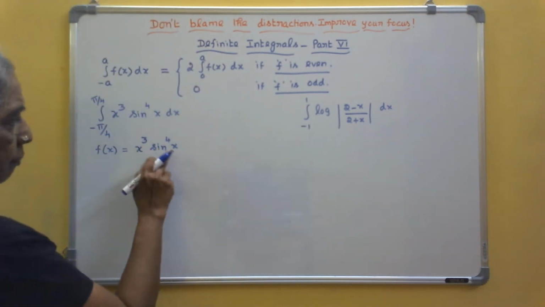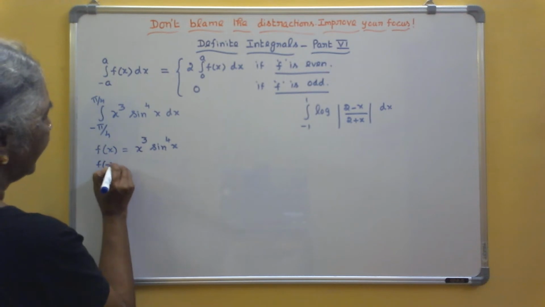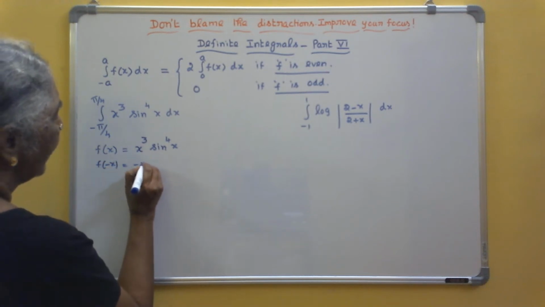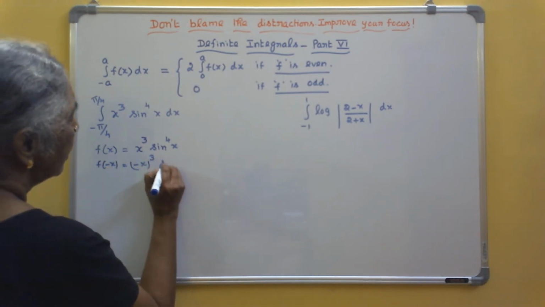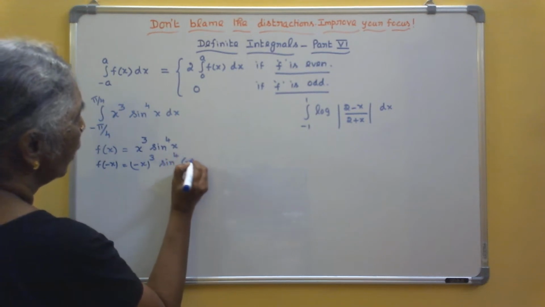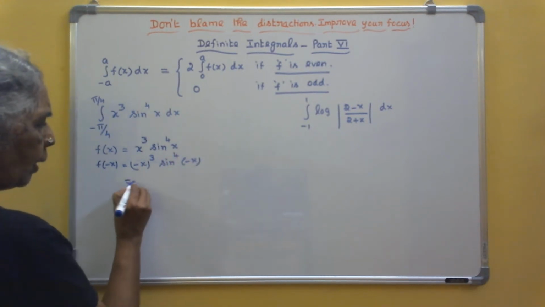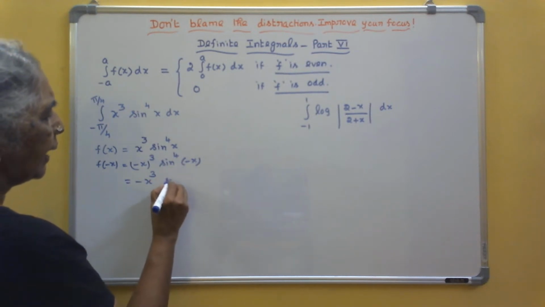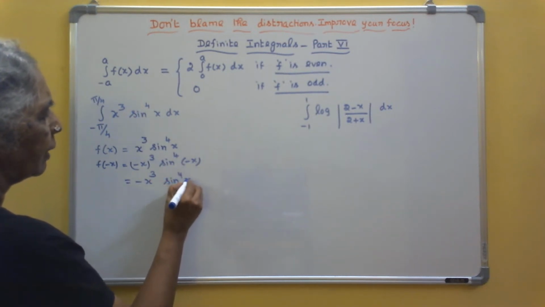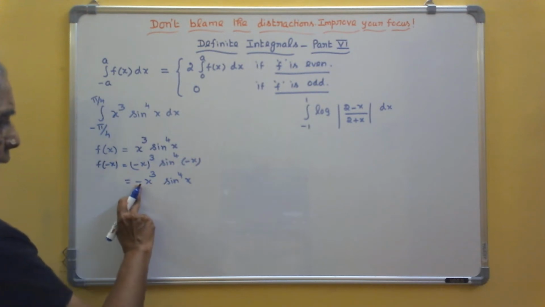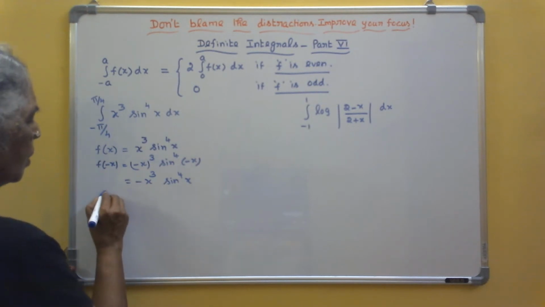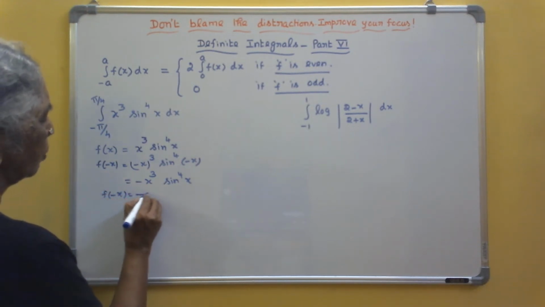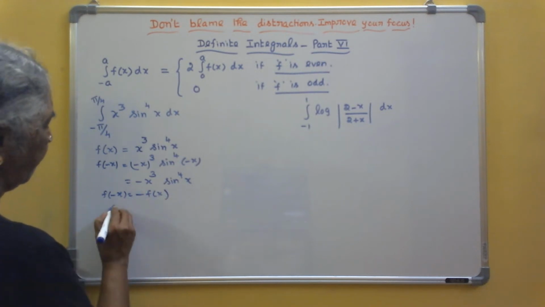But now, let me show you. Now, f of minus x is equal to minus x the whole cube into sine power 4 of minus x. This will become minus x cube. Here, this will become sine power 4x because the power is even. So now you have got a minus here. So f of minus x is equal to minus of f of x.